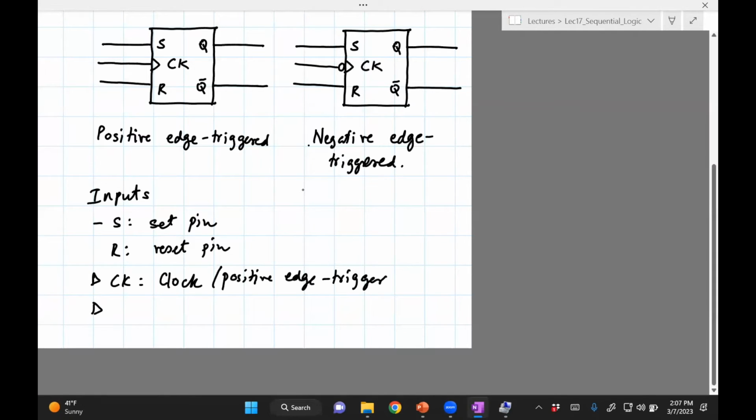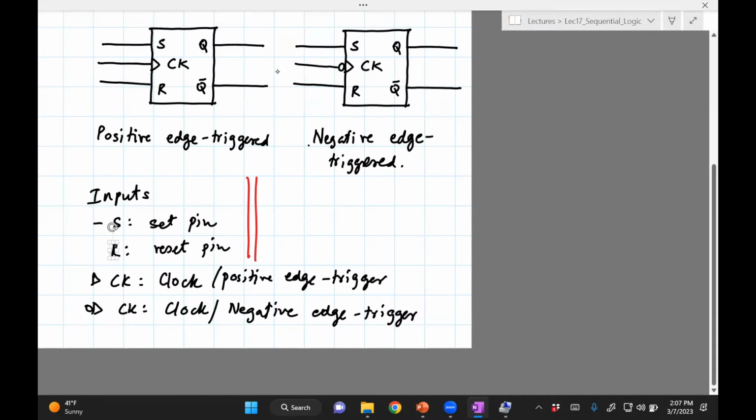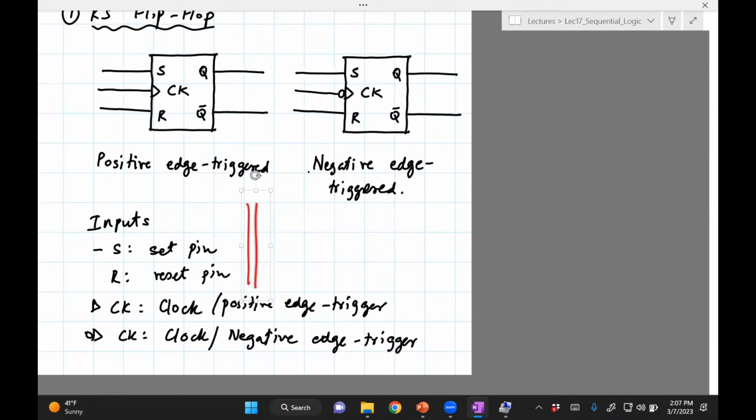And then if you have this clock with a hollow circle, it is also the clock, but with a negative edge trigger. Yes, so there are two outputs, Q and Q bar.